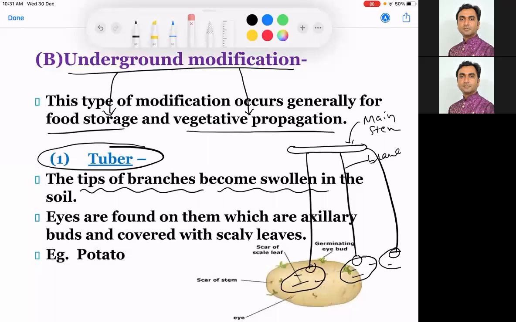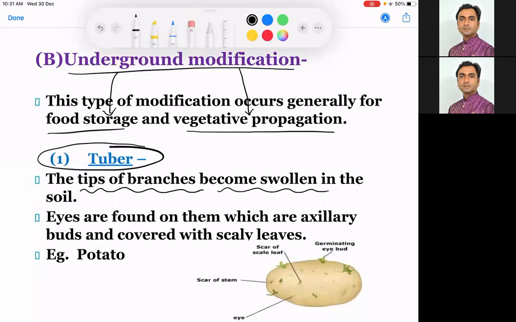Now, for example, this is the structure of a potato. You can see three types of structures.